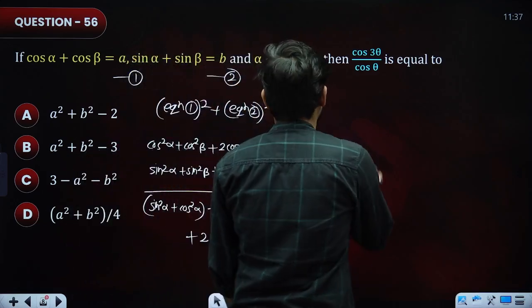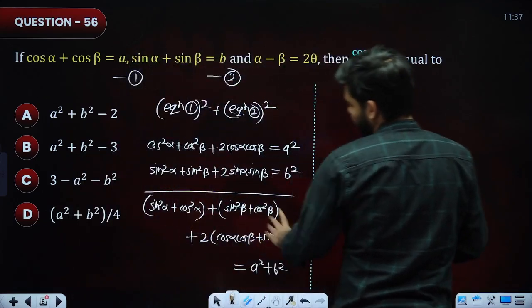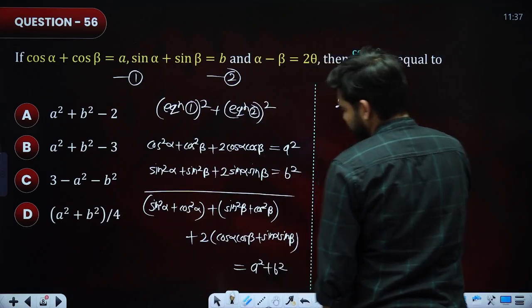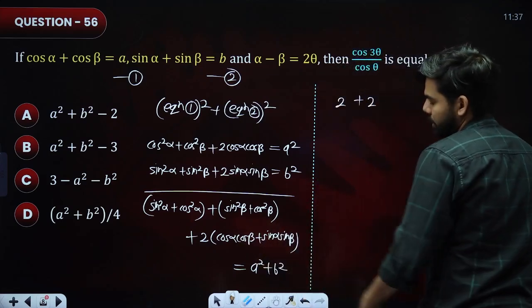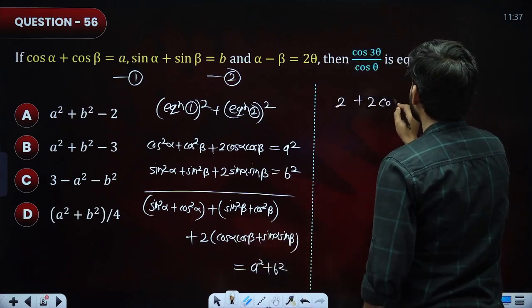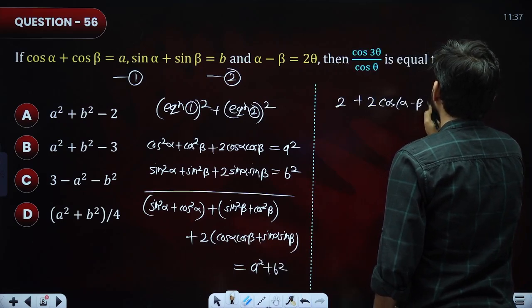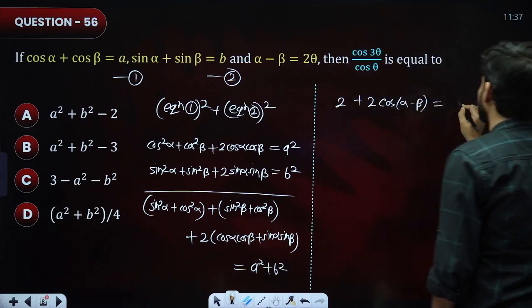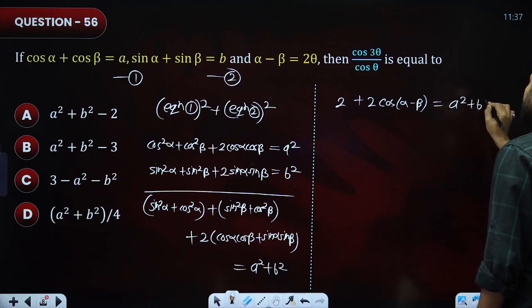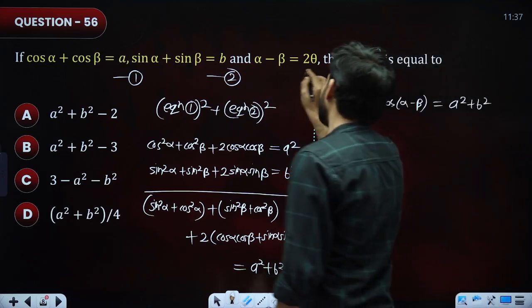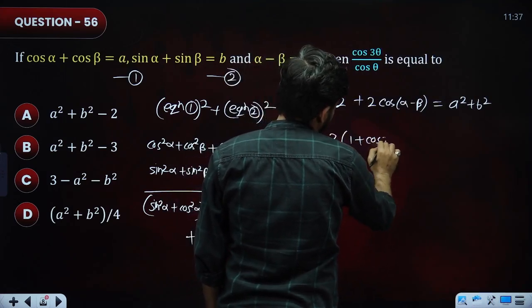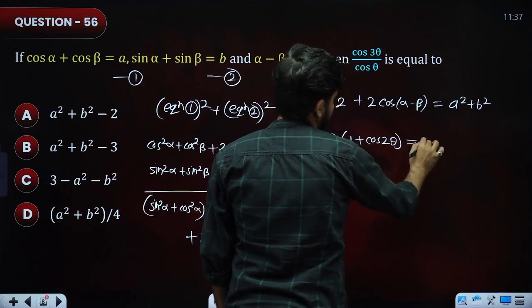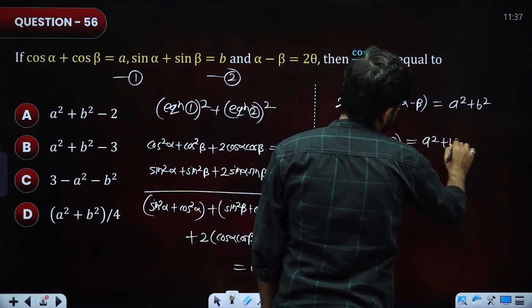So we can write 1 plus 1 is 2, 2 plus 2 into cos alpha cos beta plus sin alpha sin beta, which equals cos of alpha minus beta, and this equals A square plus B square. Now alpha minus beta is equal to 2 theta, so we can write 2 plus 2 cos 2 theta equals A square plus B square.